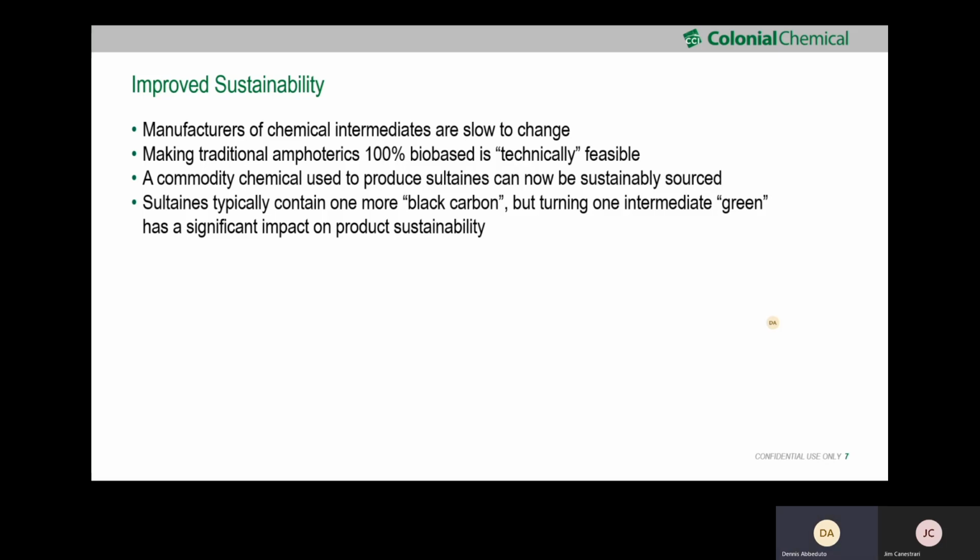The sultaine chemistry, based on the structures we looked at earlier, would typically contain one more black carbon from the petrochemical intermediates. But by turning that intermediate to a bio-based source, we have a very significant impact on the final product sustainability.